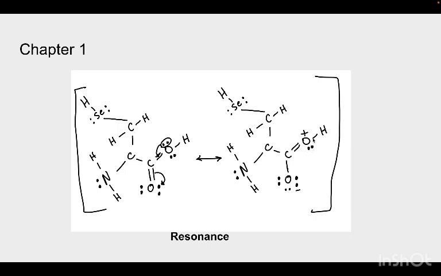Which means it lost an electron, which makes the oxygen positive. And this double bond came up here, which gives it 7 electrons, more than what it should have, which gives it the negative right here. So this one has 5 electrons, and this one has 7 electrons.